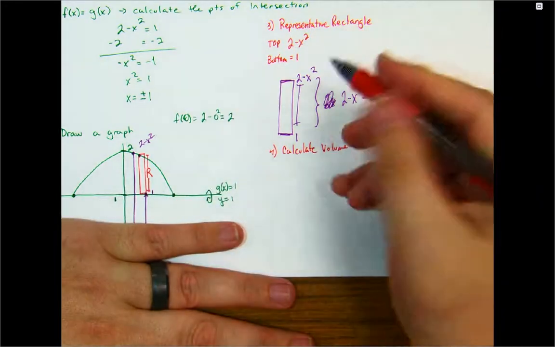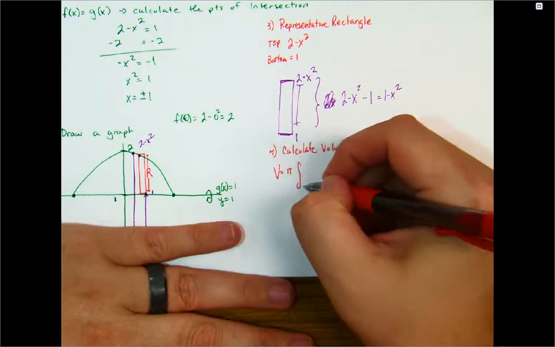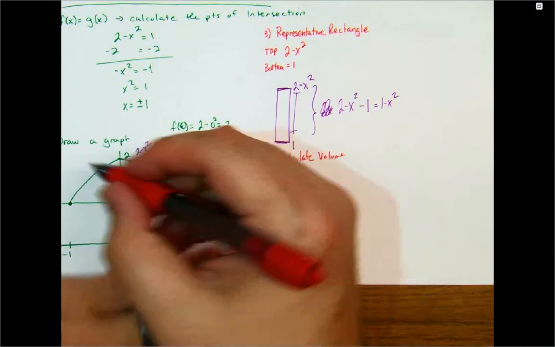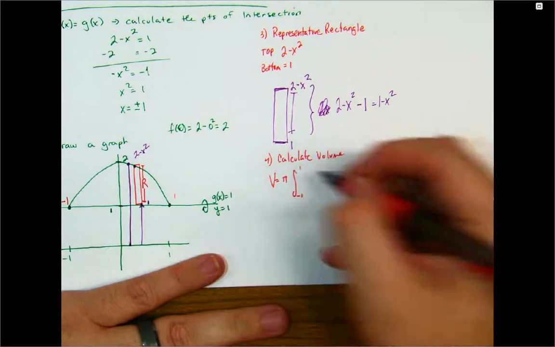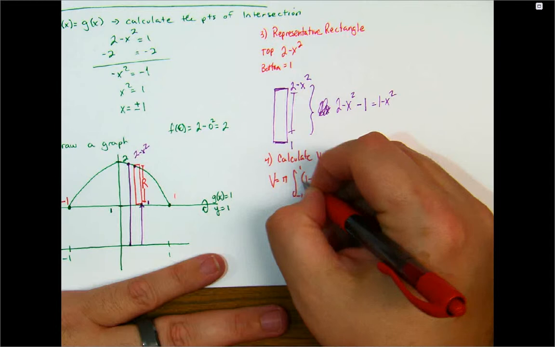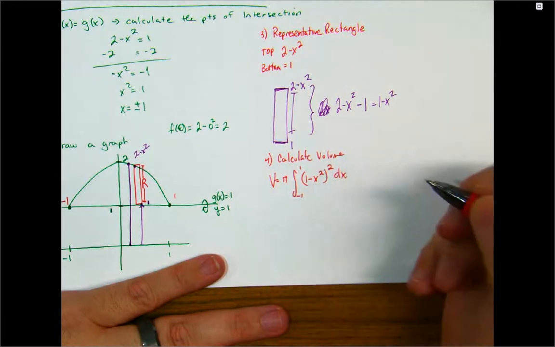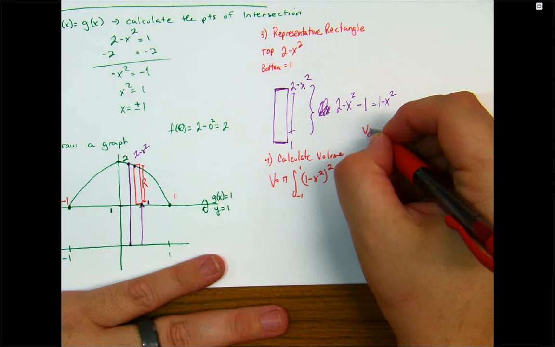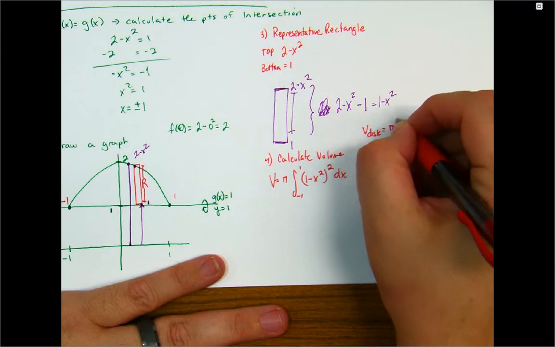So my volume is going to be pi times the integral from negative 1 to 1 of 1 minus x squared quantity squared dx. Because remember, the volume of the disk is equal to pi r squared times its width.